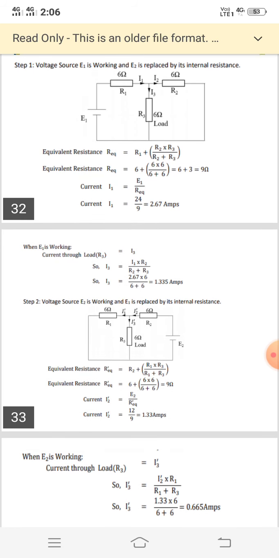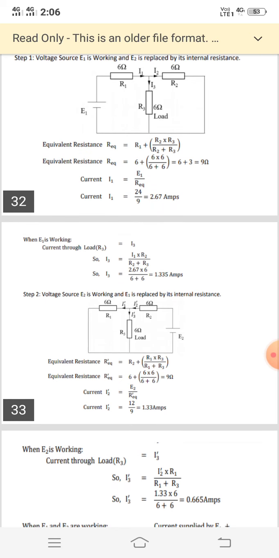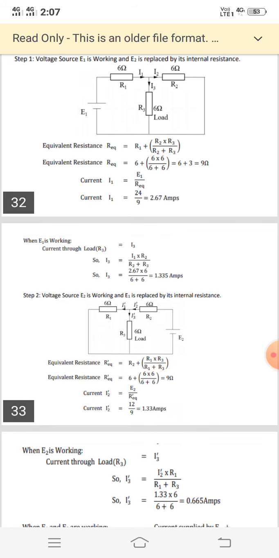Okay, the concept is the same as step 1. So first we calculate R equivalent. To avoid confusion between the two R equivalents, we differentiate them as R equivalent and R equivalent dash. Here I introduce R equivalent dash.